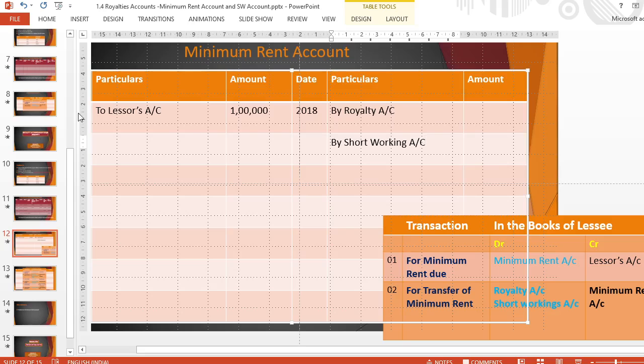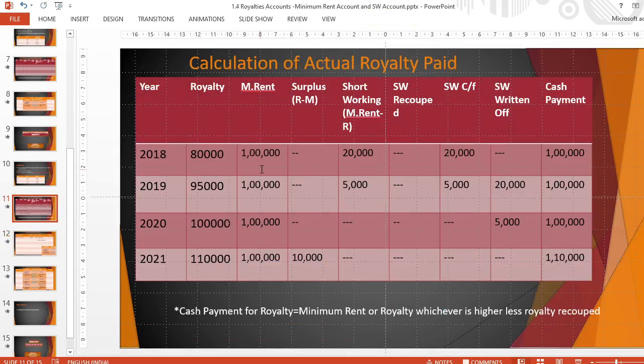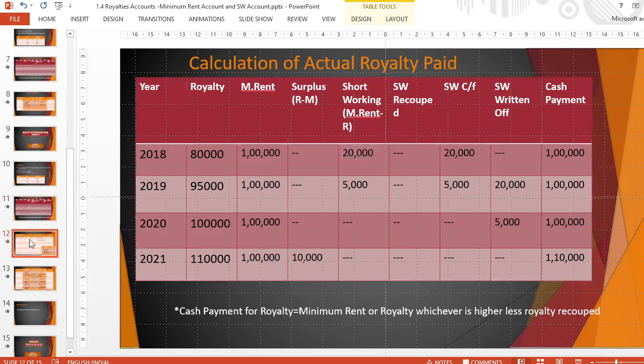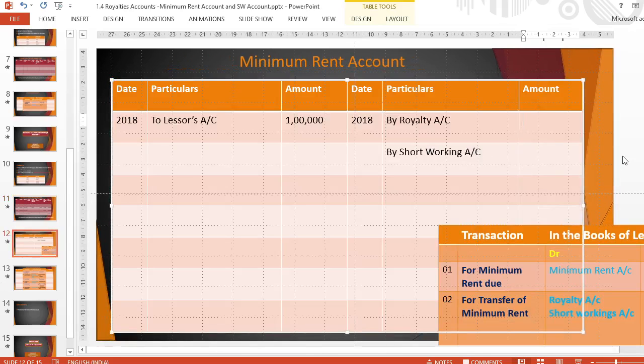Here I need to record royalty and short working. For the first year, royalty is 80,000 and short working is 20,000.